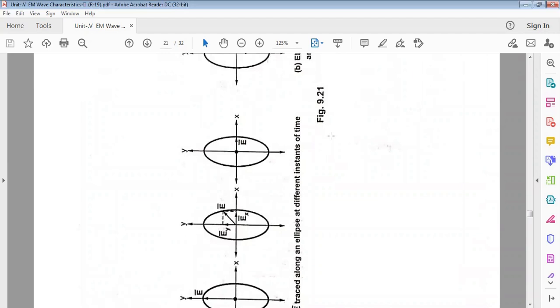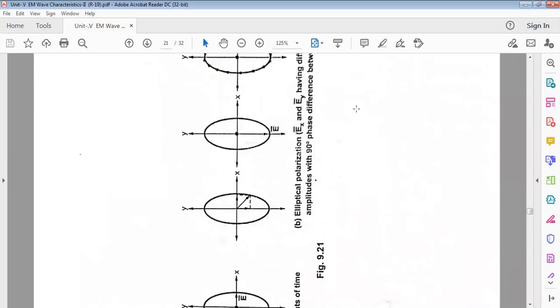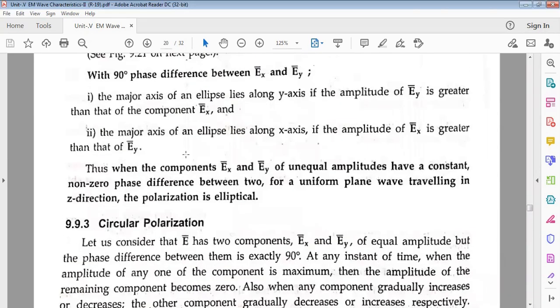If the major axis of the ellipse lies along the x-axis, the amplitude of EX bar is greater than that of EY bar. The two cases here: along the y-axis, EY bar is greater, and along the x-axis, the major axis of the ellipse, EX bar is greater than that of EY.